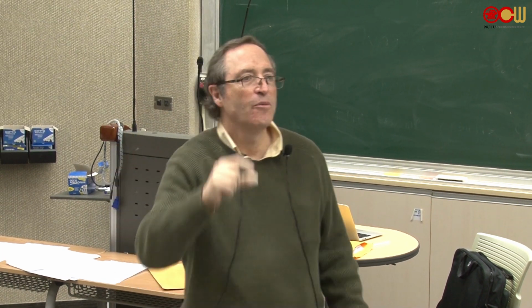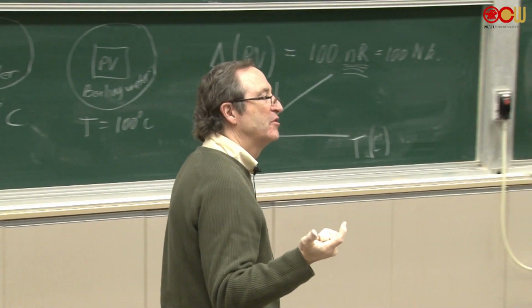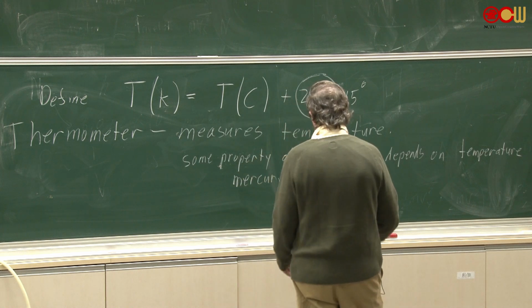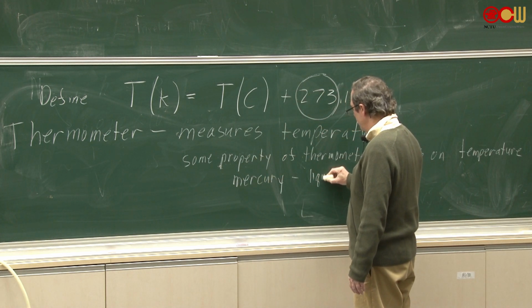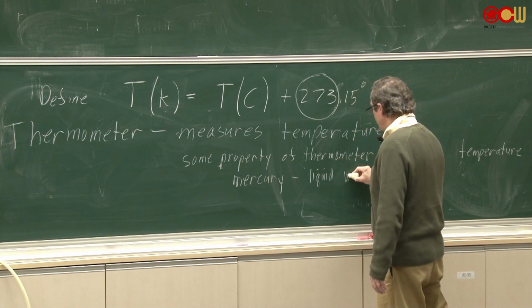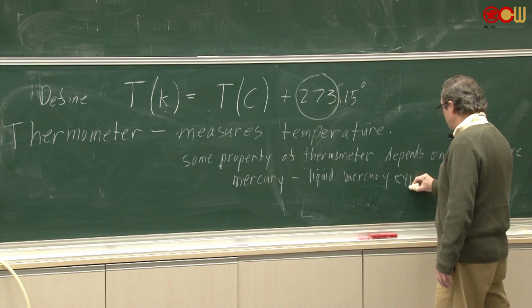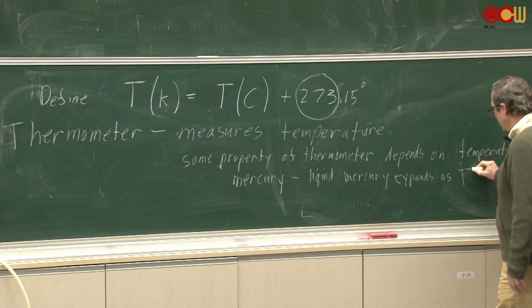By looking at how much it expands, you can tell what temperature it is. So it works by liquid mercury expanding as T goes up.